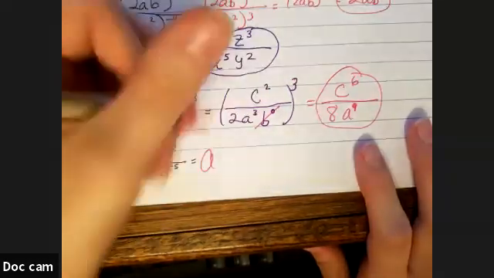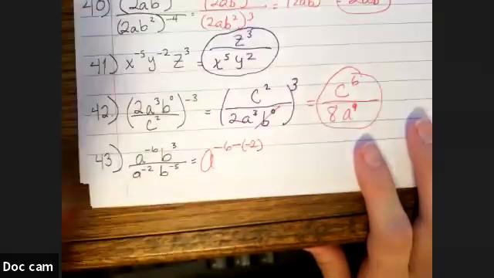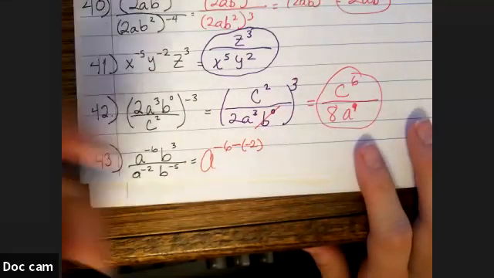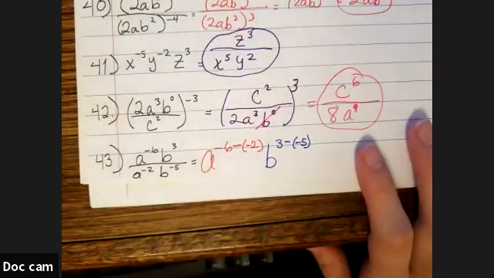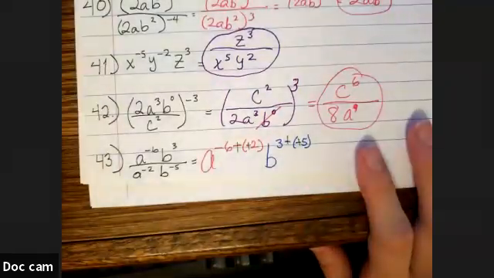So a to the power of negative 6 minus negative 2. And then we have b to the power of 3 minus negative 5. So minus a negative turns into plus. So that turns into plus, and that turns into plus.